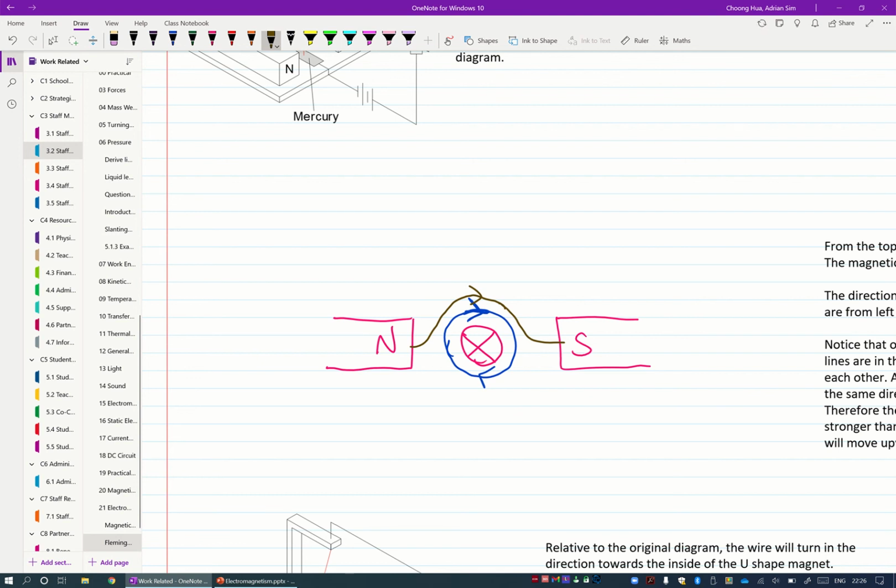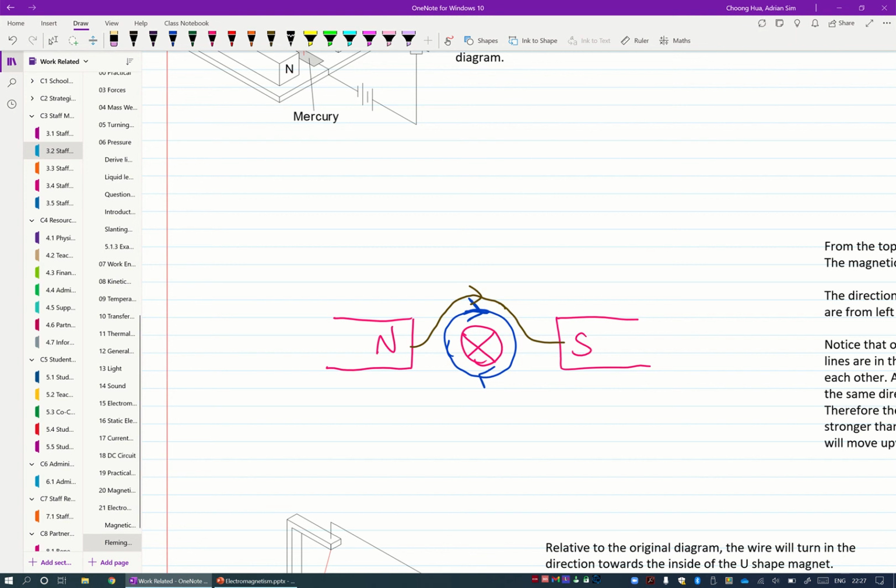We draw the top because they are in the same direction. We don't draw the bottom because the field lines have been cancelled out. So I'll just draw one for the sake of illustration. It's north to south. You realize these two cancel each other out, so we don't draw a bottom, we just draw the top.